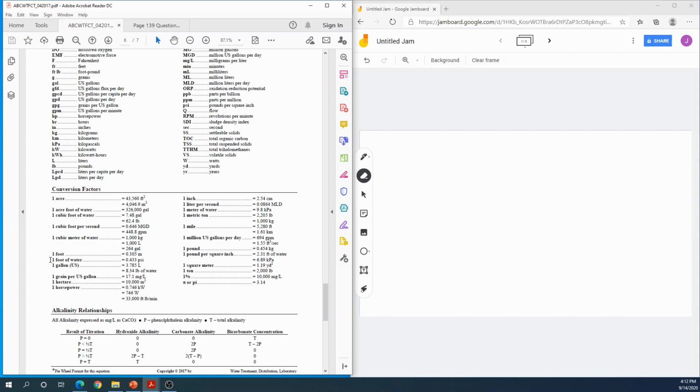So we know 1 foot of water is 0.433 pounds per square inch. Well, we're looking for pounds per foot squared. We could use that one. Let's take a look at that. So we know we are 189 feet.